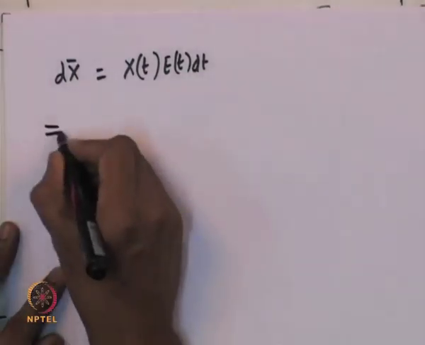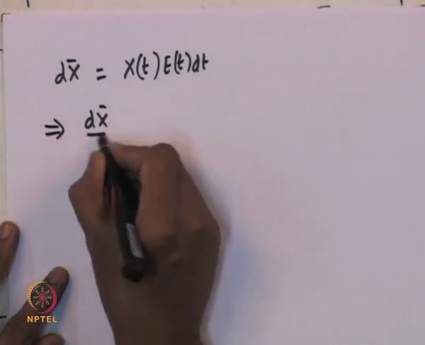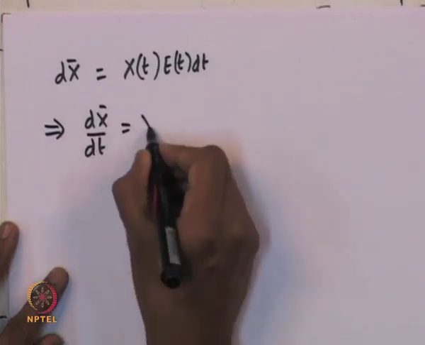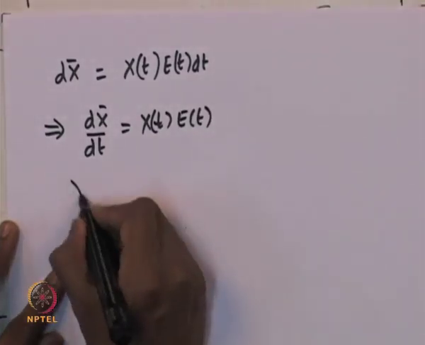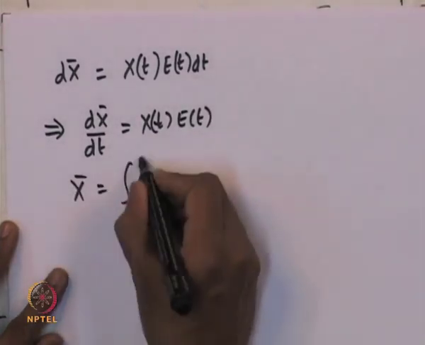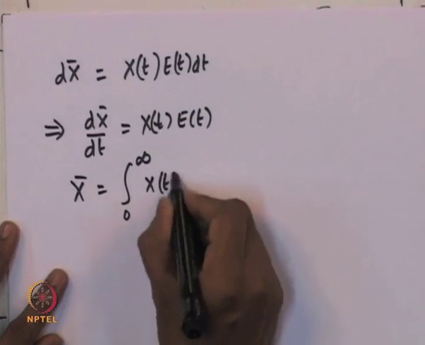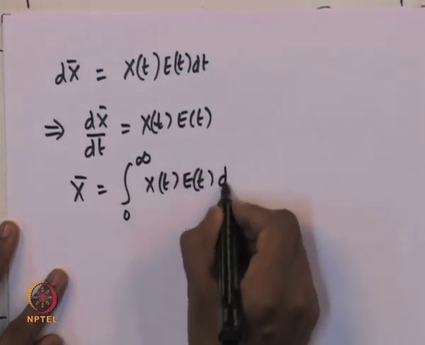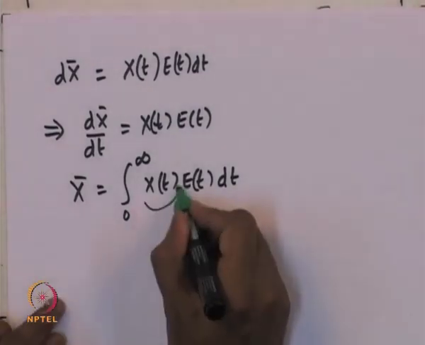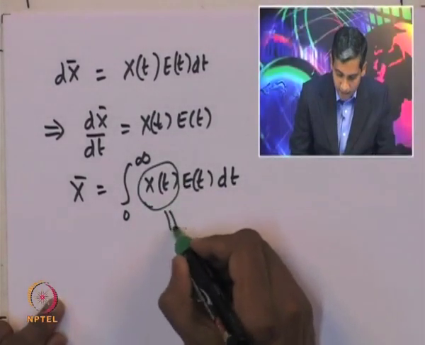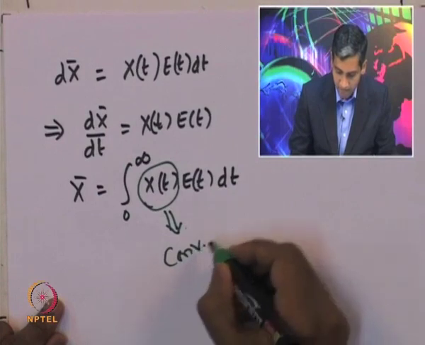Therefore, d x bar by dt is equal to x of t times E of t, and therefore x bar is equal to the integral from 0 to infinity of x of t E of t dt. Remember that x of t, present inside the integrand, is essentially the conversion in a batch reactor.